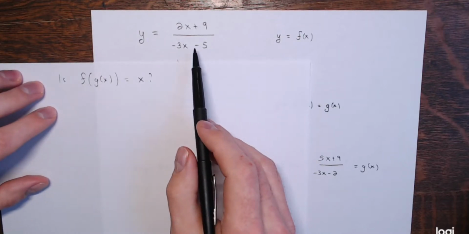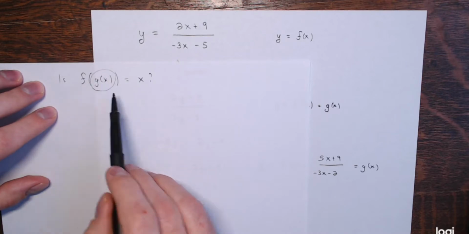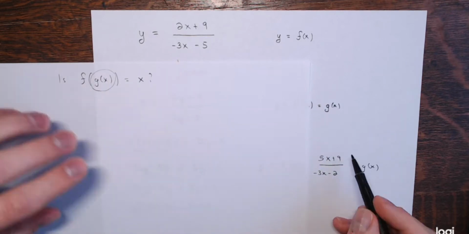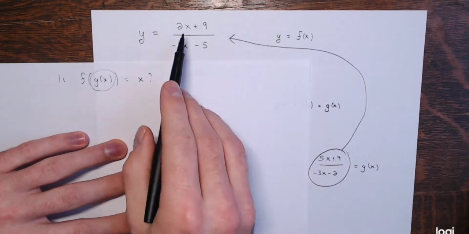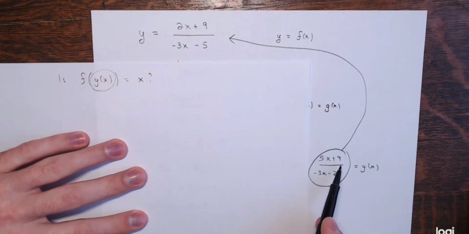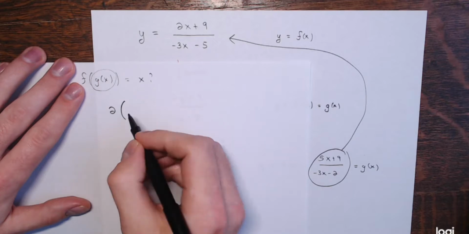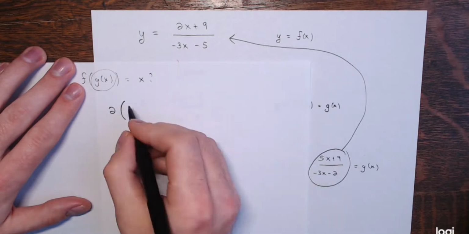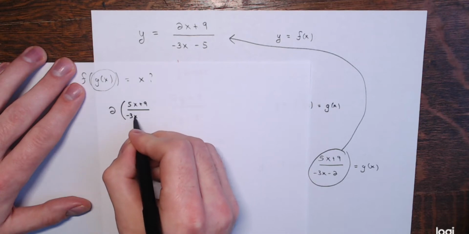Okay, so basically remember how composition works. You just take g, this expression here, and substitute it into f. So everywhere there's an x up here in this expression, replace it with all this. So instead of 2 times x plus 9, it's 2 times this plus 9, 2 times 5x plus 9 over negative 3x minus 2.